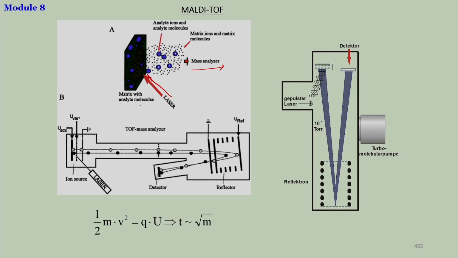So, this is the laser, TOF is time of flight mass analyzer, this is a detector. If this is coming out first, this will have more speed, it will go here, deflection, detector. So, it will reach the detector early, this will reach the detector a little late.